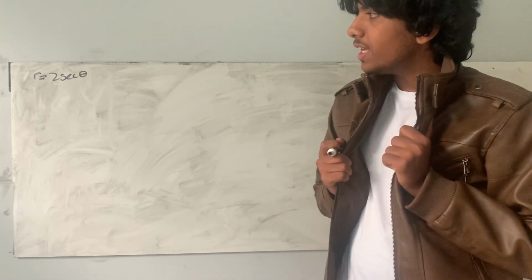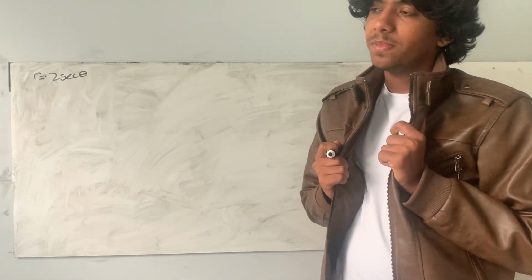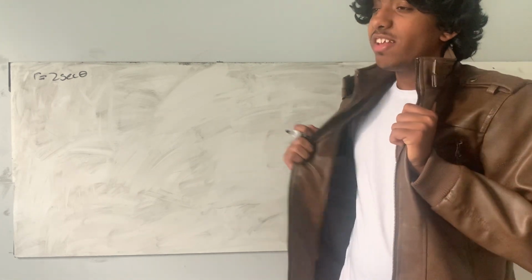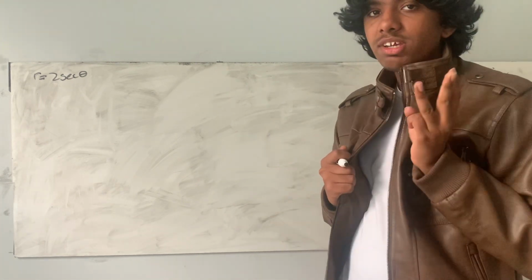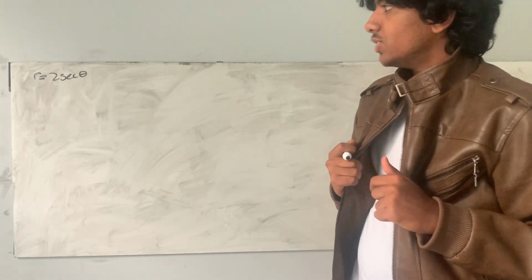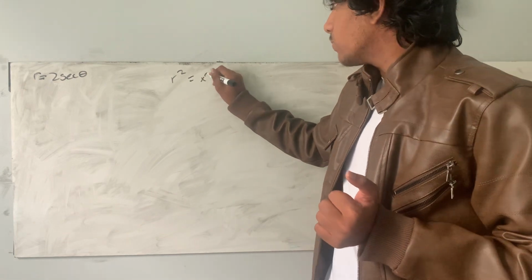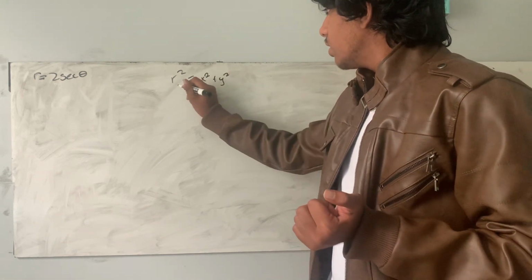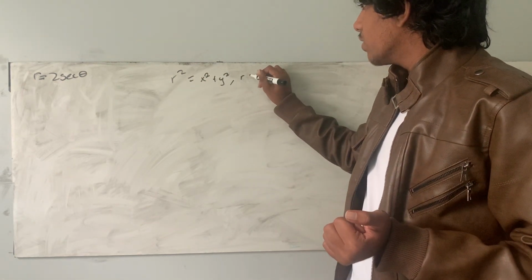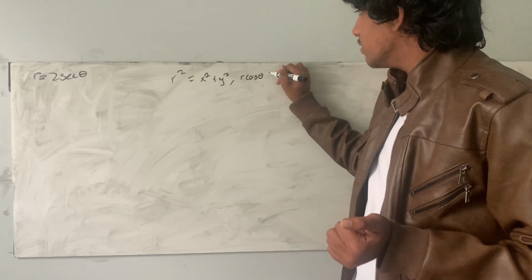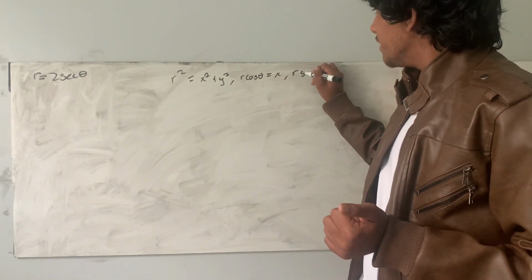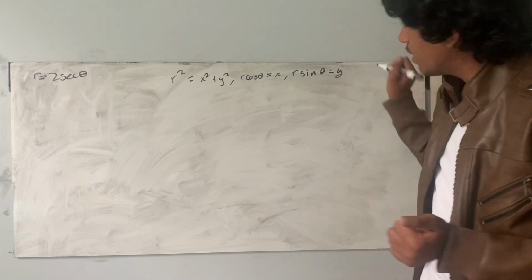But the key with this is that you just gotta have a good strategy, and that means you also gotta know the 3 conversion rules, the ways you can convert this to x's and y's, which is r squared equals x squared plus y squared, r cosine theta equals x, r sine theta equals y.